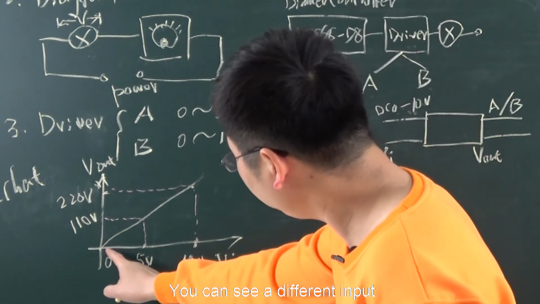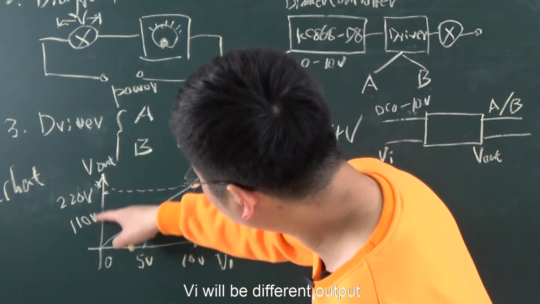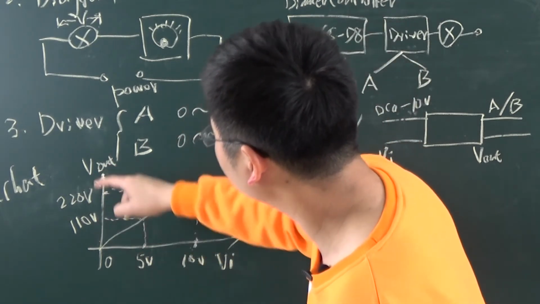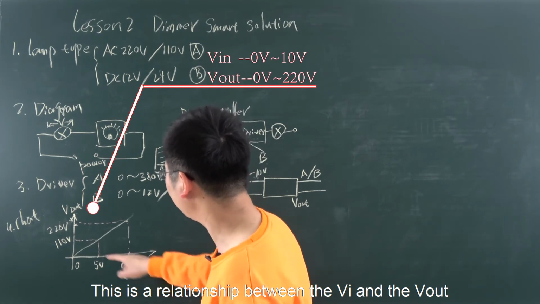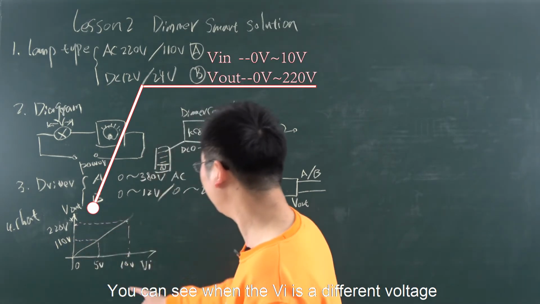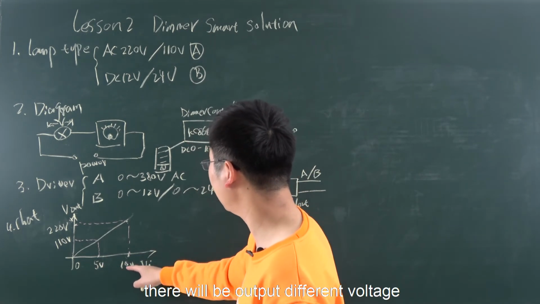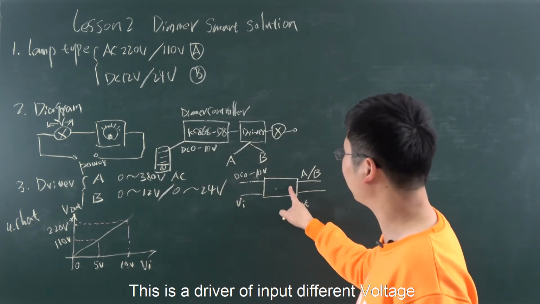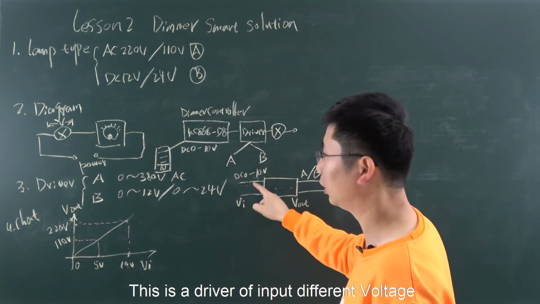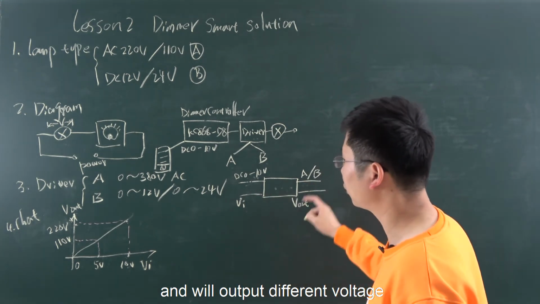So you can see a different input Vin gives a different output Vout. When Vin is 5 voltage or 10 voltage, there will be different output voltage. So this is the driver: input a different voltage and it outputs a different voltage.